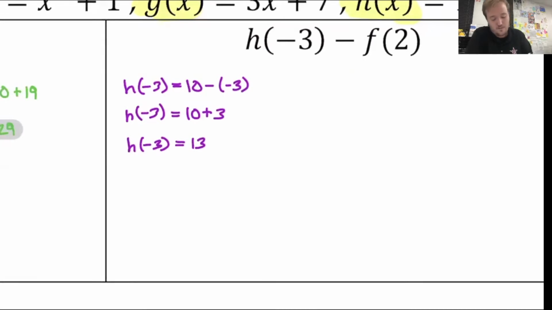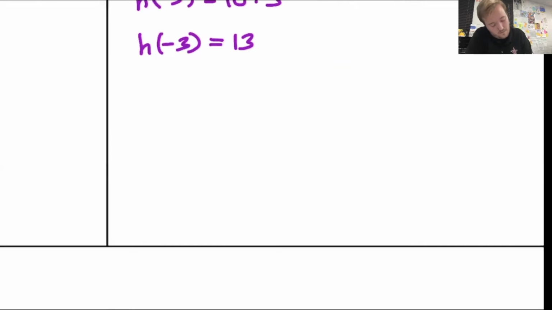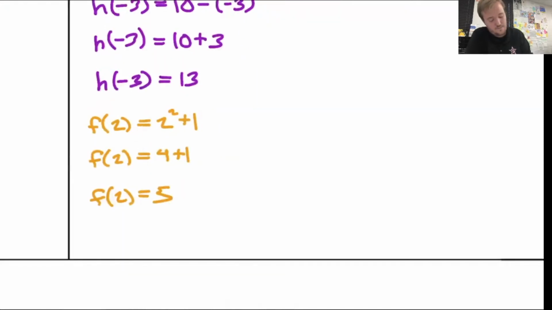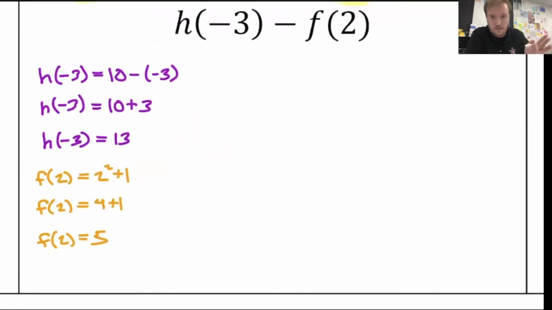All right, so now we need to find f of 2. So f of 2 is going to be 2 squared plus 1. So it's going to be 4 plus 1. So f of 2 is equal to 5. So remember, now I'm going to write everything together.